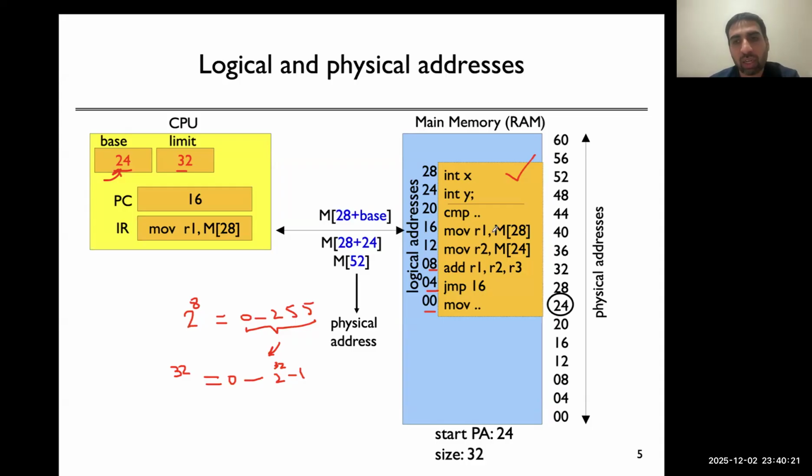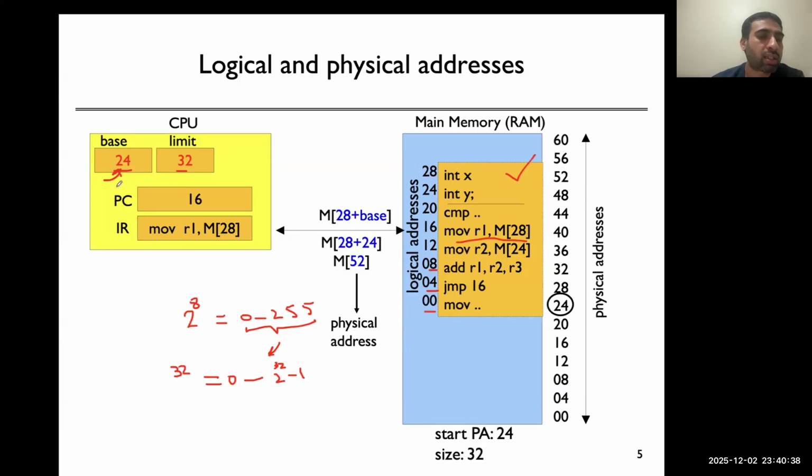For example, here you have this instruction, move R1, M28. Basically it is saying: move into the register R1 the data from the memory location at address 28, right?